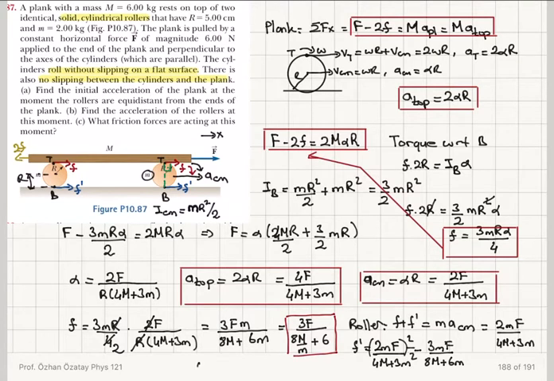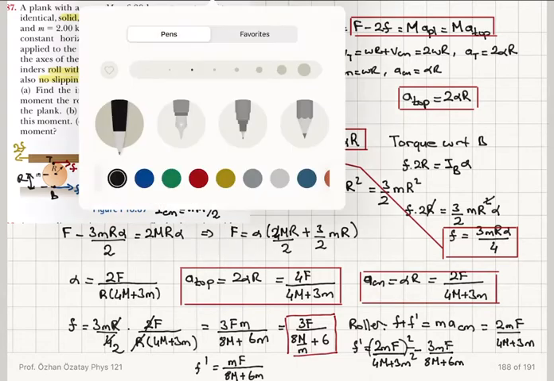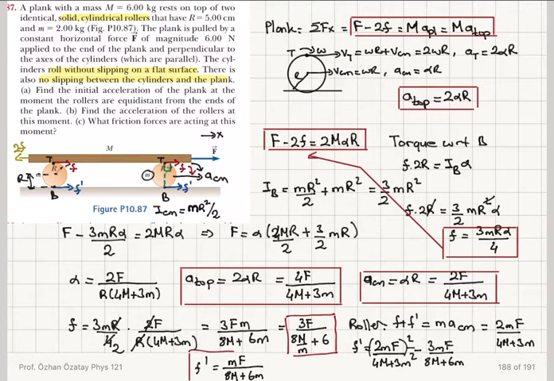So if I multiply this one by 2 over 2, I will get F prime is equal to 4 minus 3, 1mF over 8M plus 6m. So that will be the answer for this one. And it will be to the right, so my assumption was correct. I've got a positive answer for this one, so it will be acting to the right. So this is to the right, this is to the right.